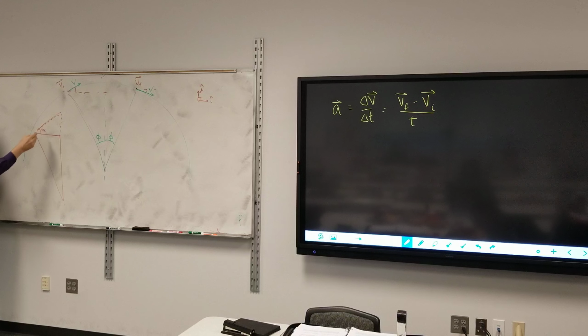I'm just going to label this alpha. That's a right angle. That's a right angle. There we go. What about now?